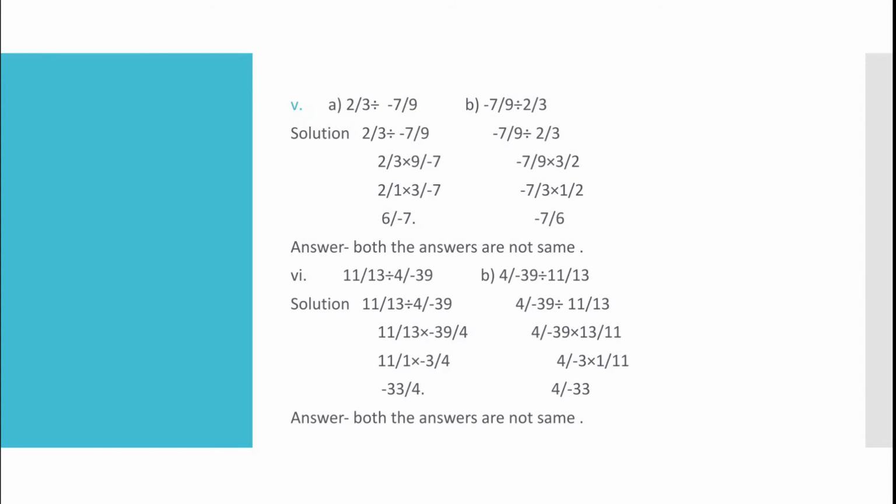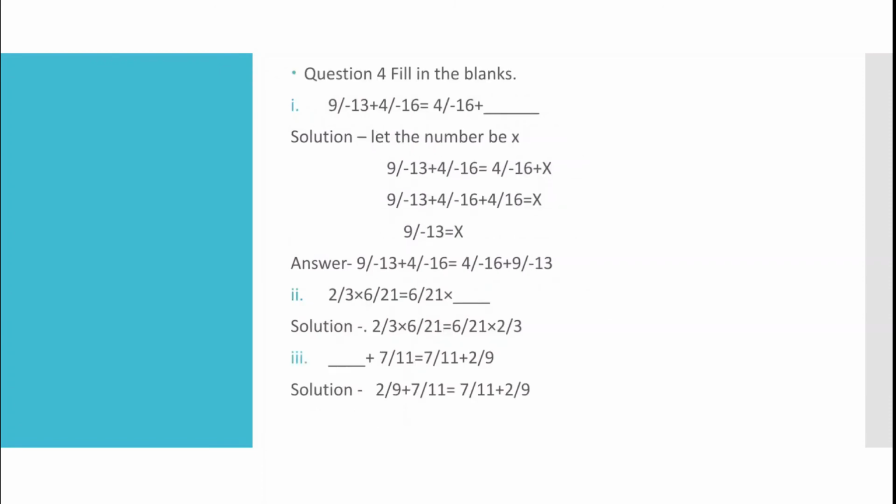So here 2 by 3 multiplied by 9 by minus 7. When you solve this, you will get 6 by minus 7. In the B part, minus 7 by 9 divided by 2 by 3. When you solve, you will get minus 7 by 6. Both the answers are not the same. In the same manner, you have to solve the 6th question.